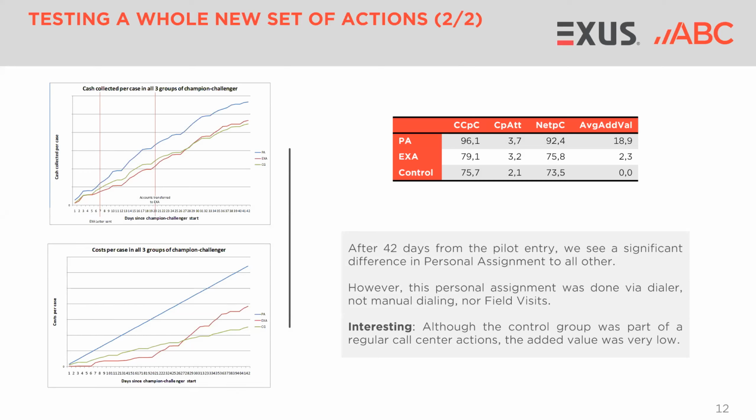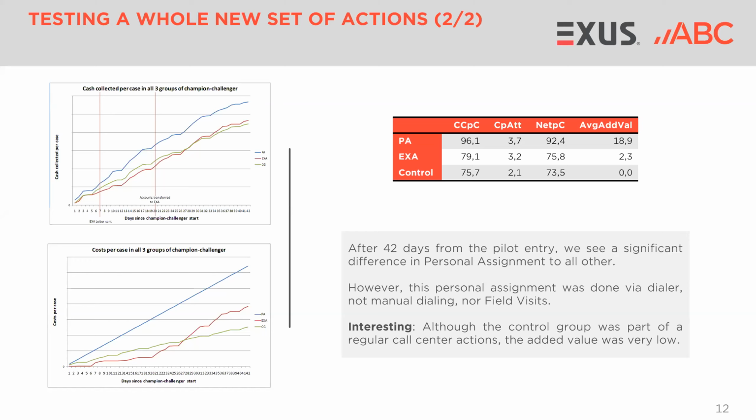The red is the recoveries for external agencies, the blue is personal assignment, and the green is the call center. What you can see, and this is for me a very interesting result, is that the external agency and the control group are similar, but once we transfer the accounts, we see a bump up.